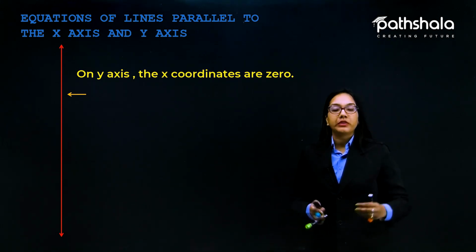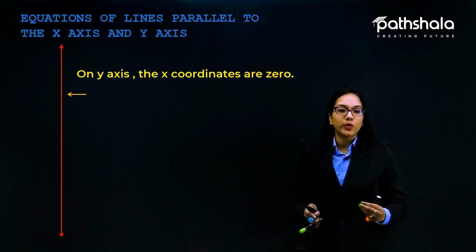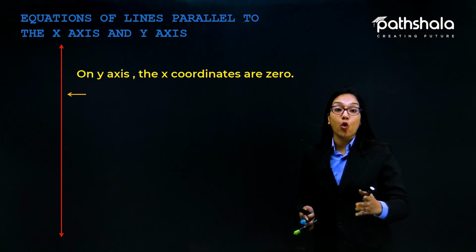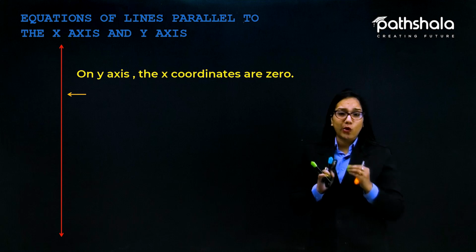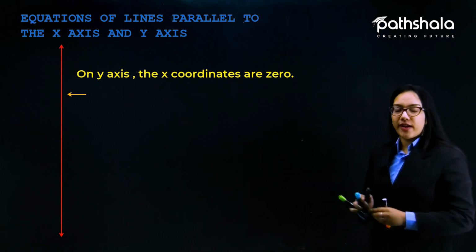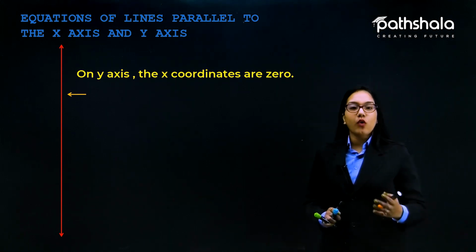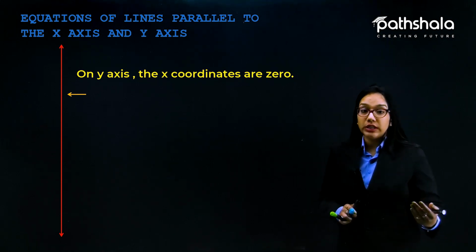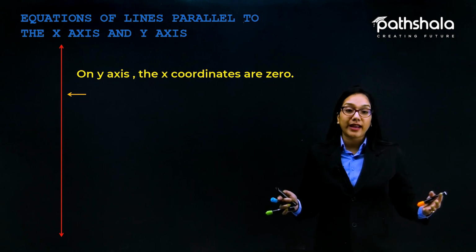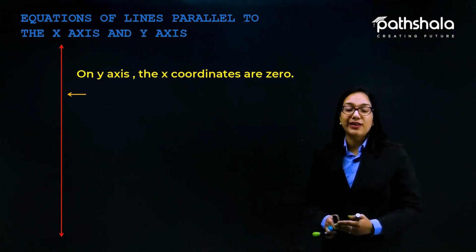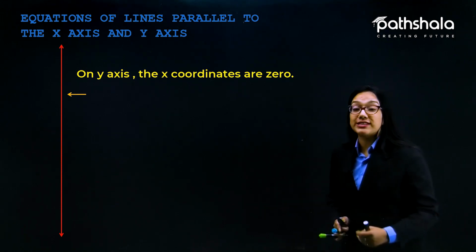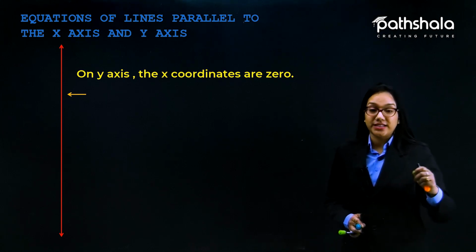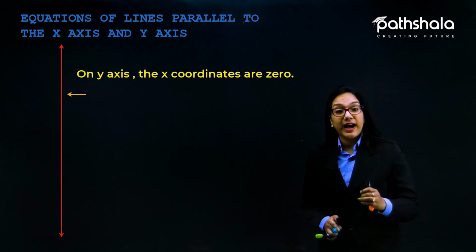That is why the coordinates are always represented as (0, y). So if I say the points (0, 1), (0, -1), (0, 2), (0, 3), where do they lie? They definitely lie on the y-axis, because the x coordinates are 0 on the y-axis.